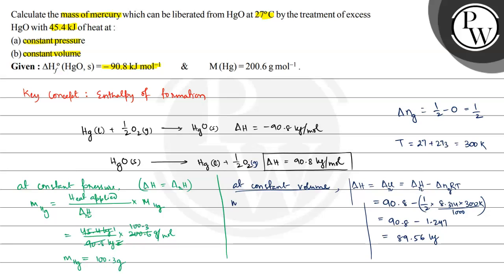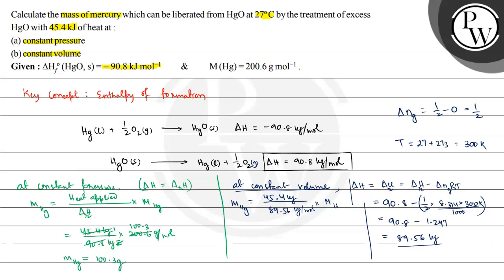So mass of Hg will be heat applied divided by heat of reaction. That is, heat applied is 45.4 kilojoules divided by the heat of reaction, that is 89.56 kilojoule per mole, multiplied by the molar mass of mercury.